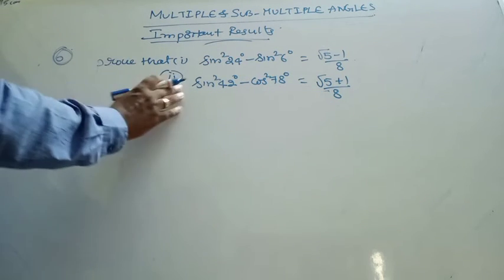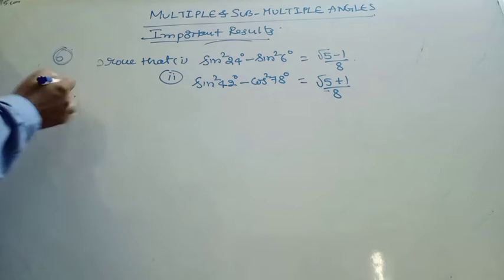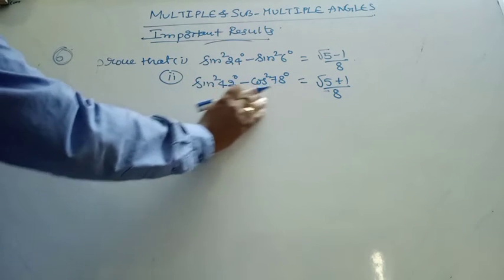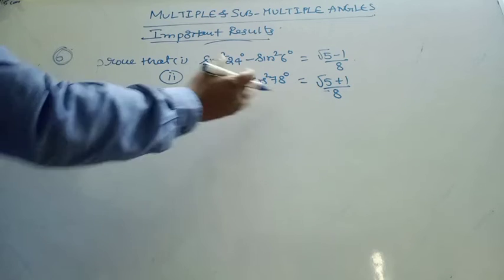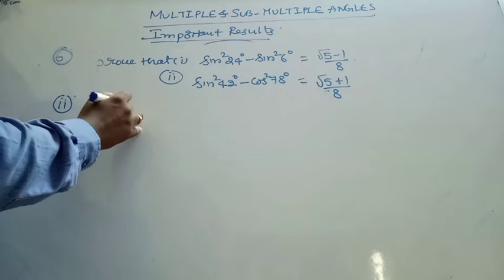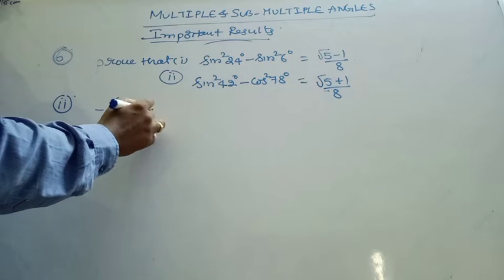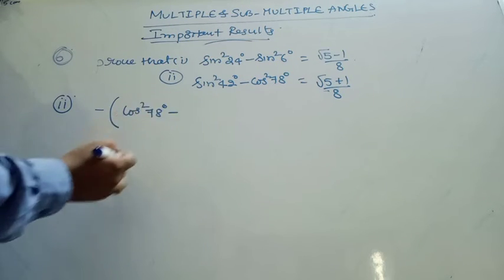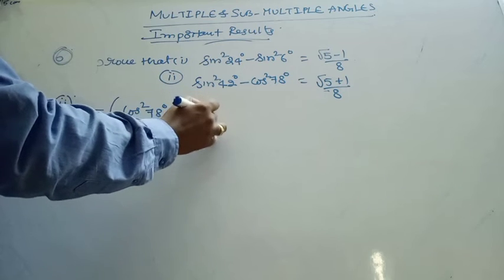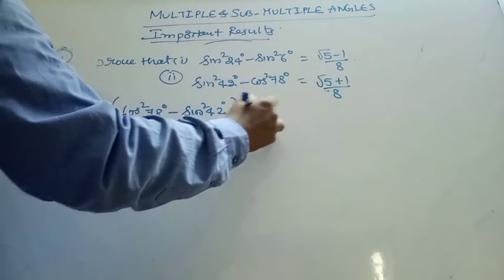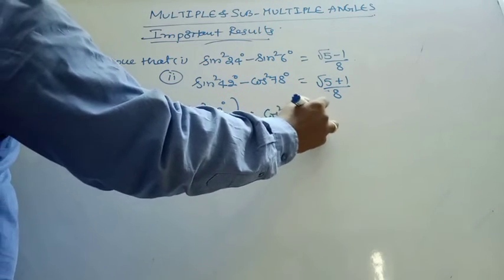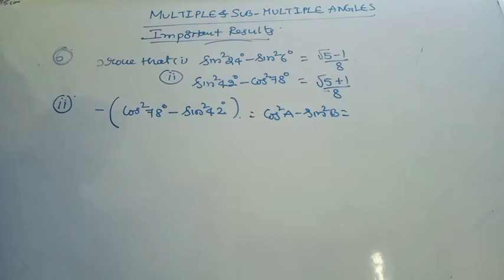Now we have the second subpart. How we will do the second subpart: you see, my dear students, we have sine square 42 minus cos square 78, something like this. Right? This we can write as minus cos square 78 minus sine square 42 degrees. You can write it like this. Now, we know that cos square a minus sine square b equals cos (a plus b) into cos (a minus b).